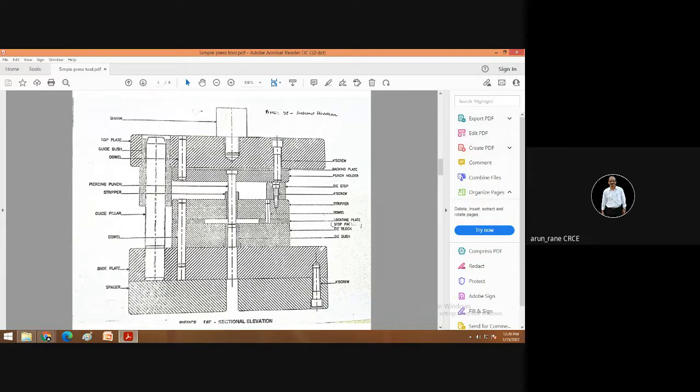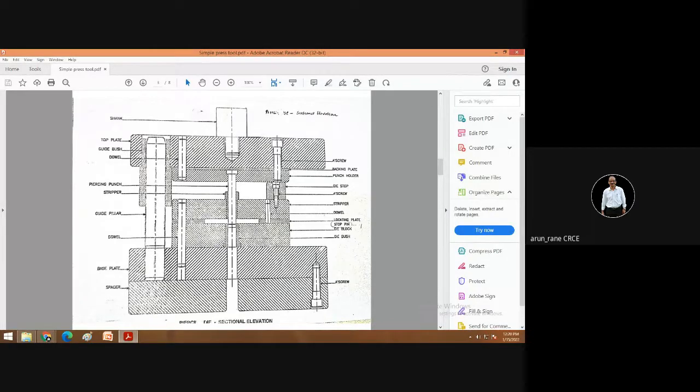Okay, top half and bottom half. Bottom half is fixed and top half is moving. Again, you have dowel to align this and this. Okay, so this dowel aligns this and this dowel aligns this and this, and now this guide pillar aligns both, that is this and this. Okay, so that your entire tool is in perfect alignment.